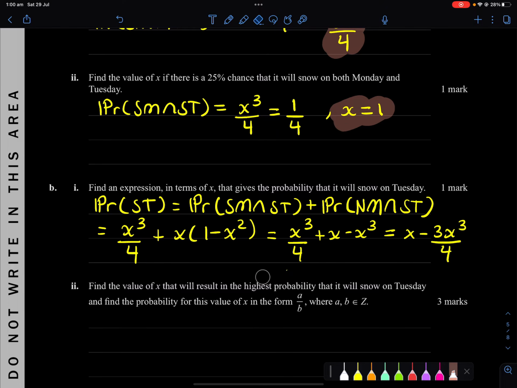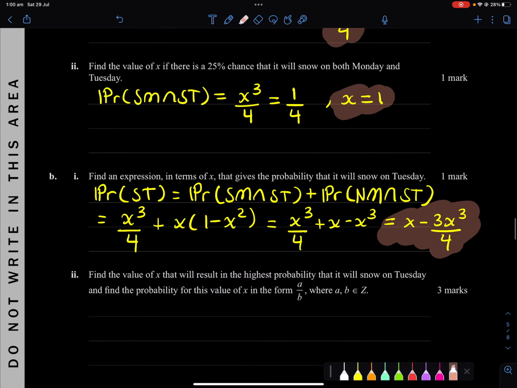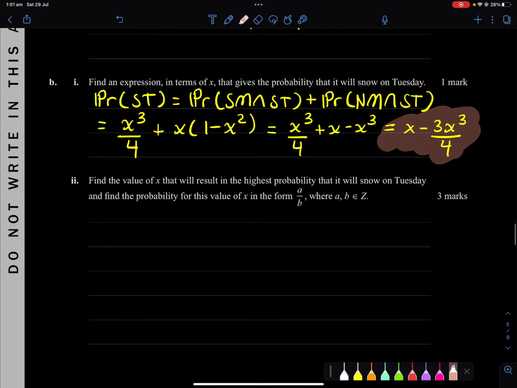Okay, that's the expression for the probability that it will snow on Tuesday. This is your answer. Looks right. Move on to the next question.